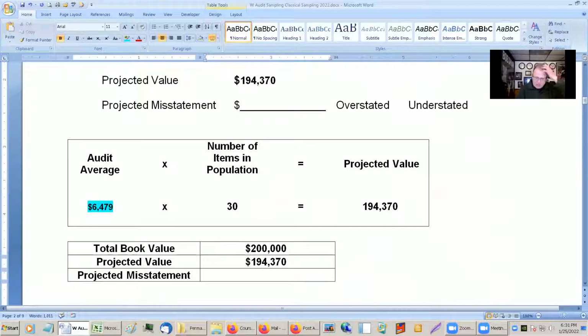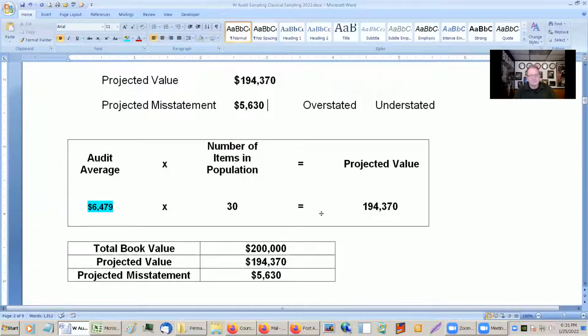So how much is the misstatement? 5,630. This would be the projected misstatement. The client says it's worth 200,000.